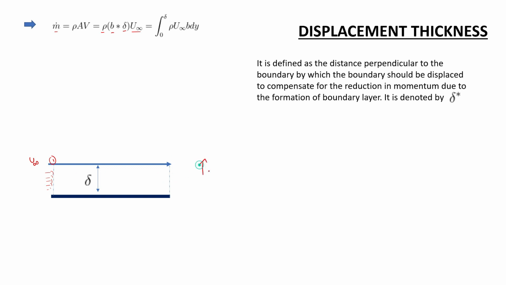So this vertical height is in the y direction, so you can take this as dy. If you integrate it, you will get this. So the mass flow rate through section 1 is integral 0 to delta rho u infinity b dy.